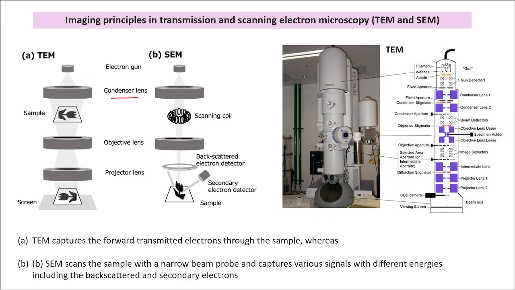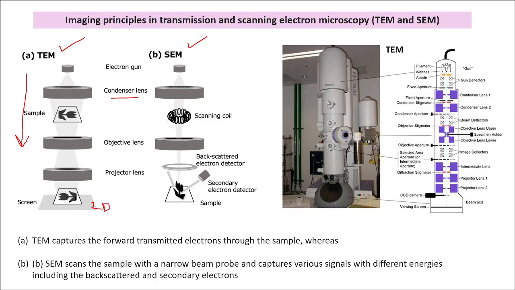Now from this point, just see the difference between these two techniques. In transmission electron microscopy, after passing through the objective lens and the projector lens, this is your sample. The electron beam passes straight through the sample, as written in the previous slide, and whatever transmitted beam there is gives a mirror image kind of thing, and this is a 2D image.